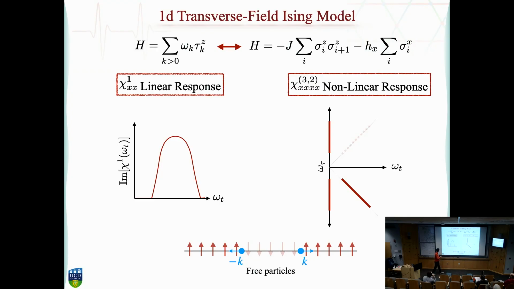So there, the interpretation of this broad continuum, or these 2-level systems, is that when you flip a spin in the transverse-field Ising model, in the fermionic phase, you create domain walls. Okay, so you have the ground state all spin up, you just flip one spin down. You create these domain walls, and they can propagate as free particles that have a momentum k, minus k. And so then, because you have momentum k, minus k, you basically get a continuum of these excitations.